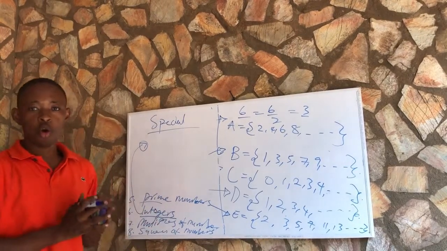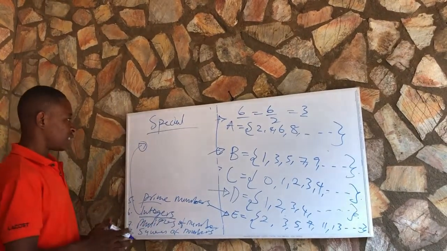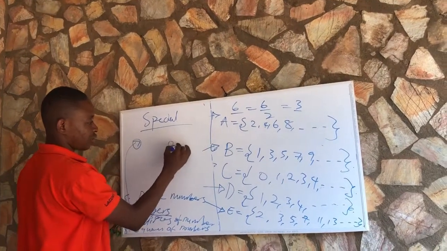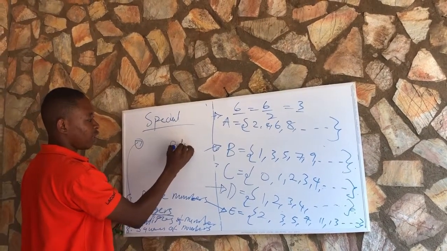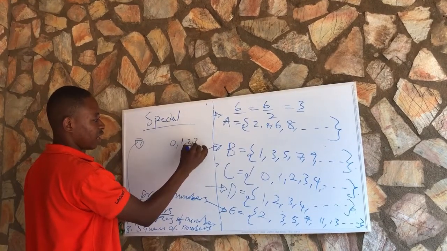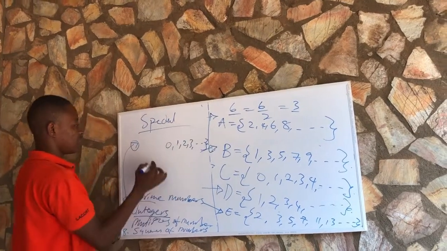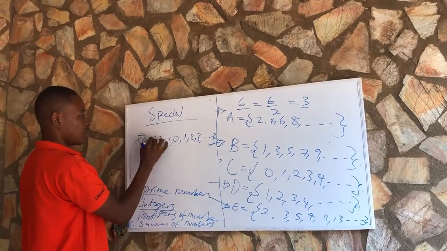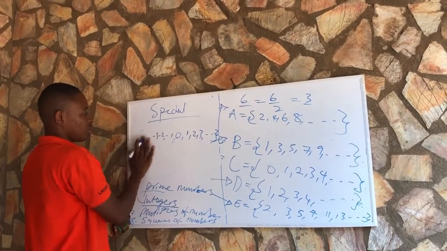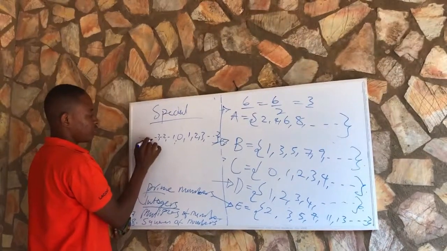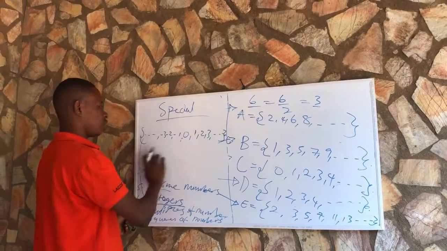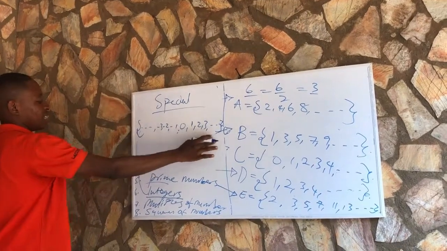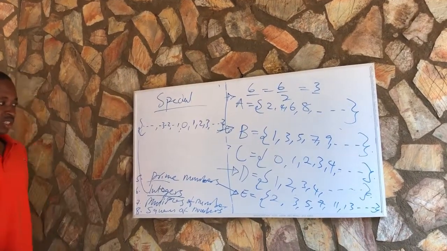So integers are all positive and negative numbers. So we have 0 here. For the positive numbers, we have 1, 2, 3, going to infinity, and then we have -1, -2, -3, also going to infinity. So this is the defining set of integers.